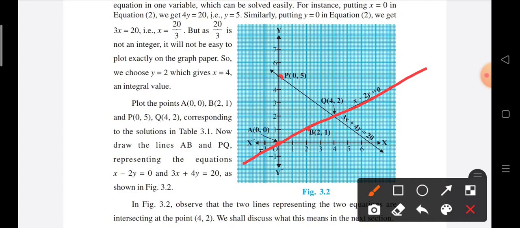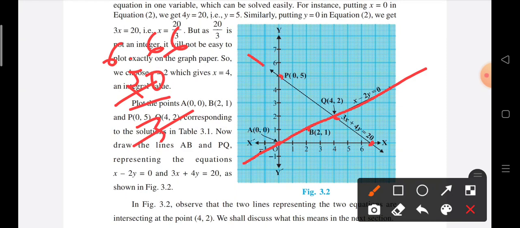20 by 3 means 6.66, so it is over here. This is the point 20 by 3 comma 0, and the third point is 4 comma 2, it is over here.